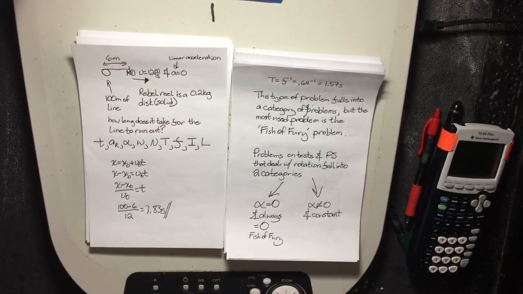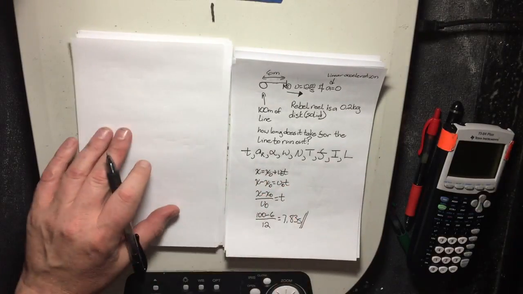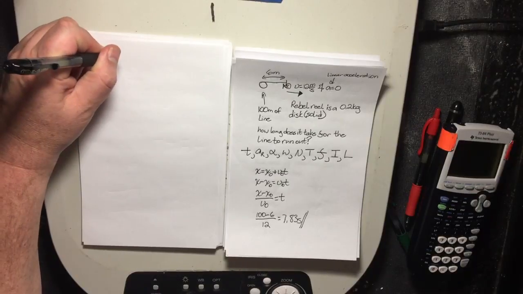So that's one of the first answers that you got. It's like a Sudoku puzzle. You look for the easiest part of the problem. The easiest part is, well, how long does it take before the line runs out? The next thing that I would attack is alpha.